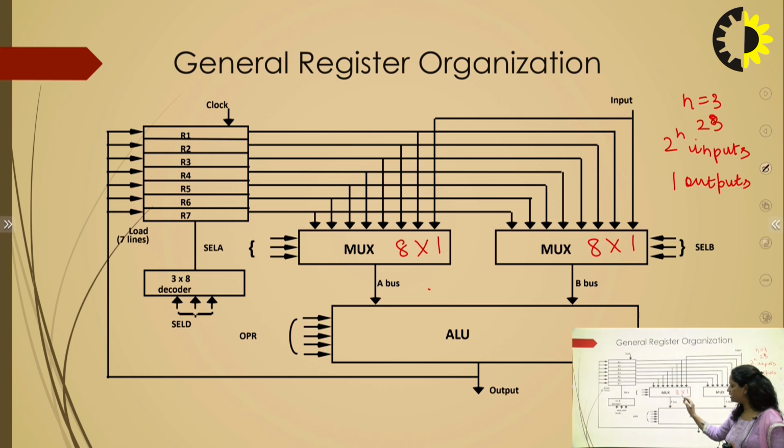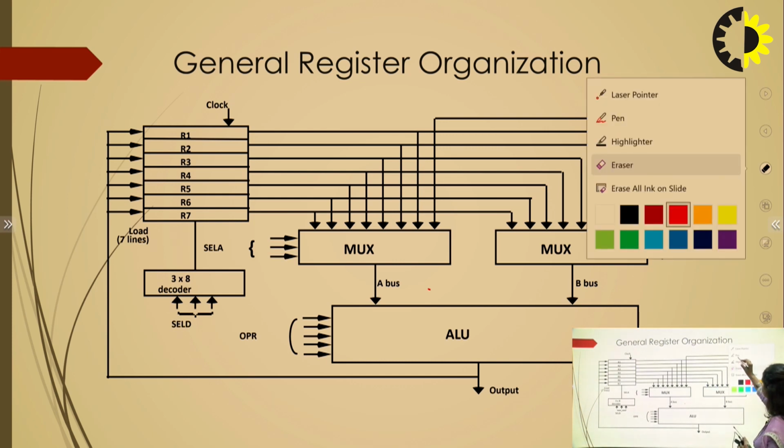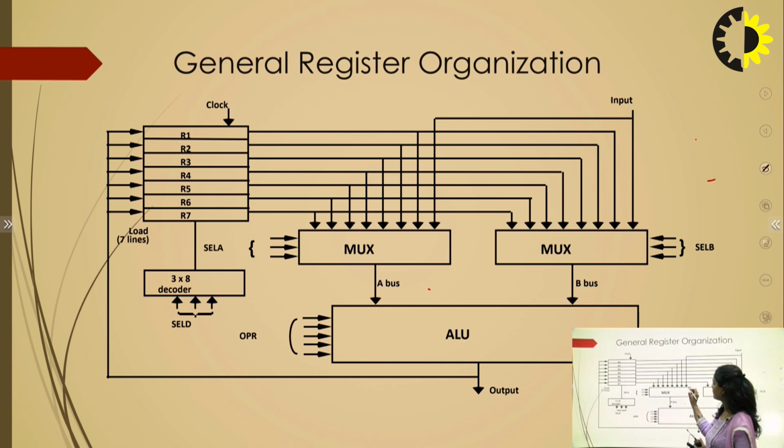So we have 8 inputs and only 1 output, where input number 0 is coming from an external source, that will be from the CPU itself.